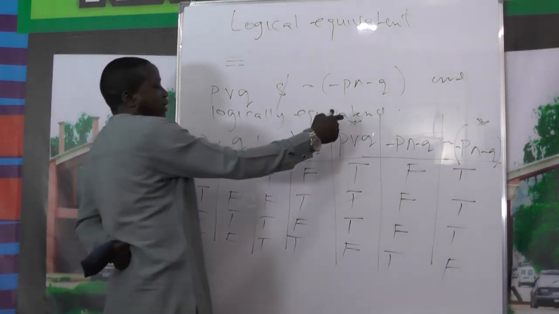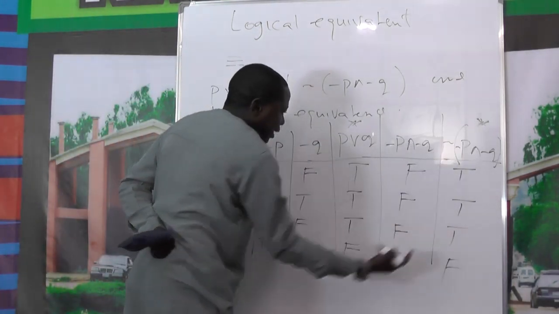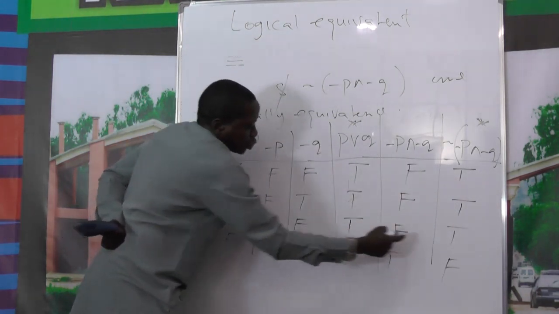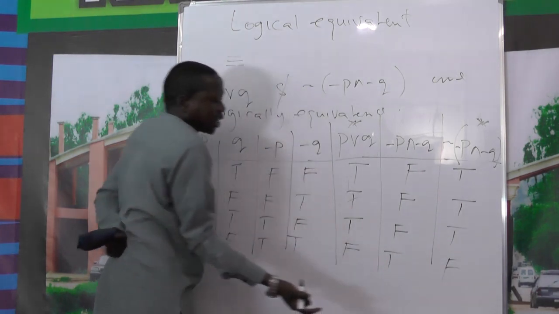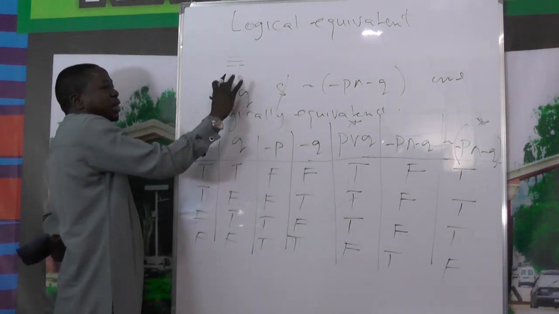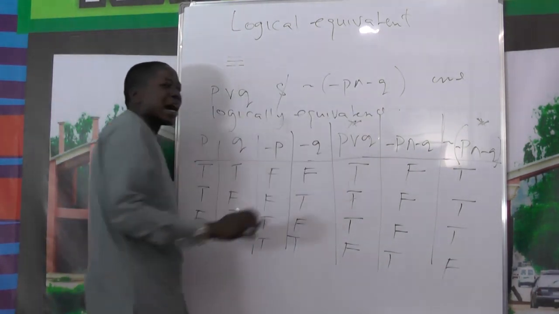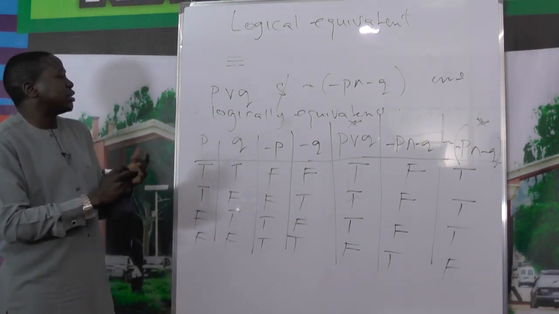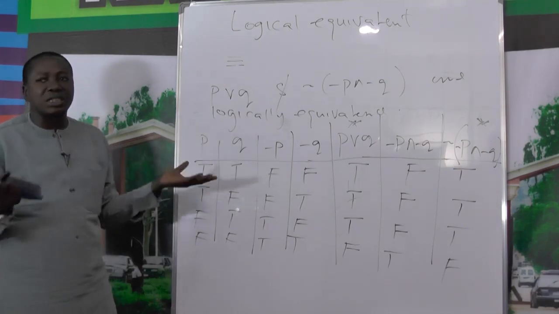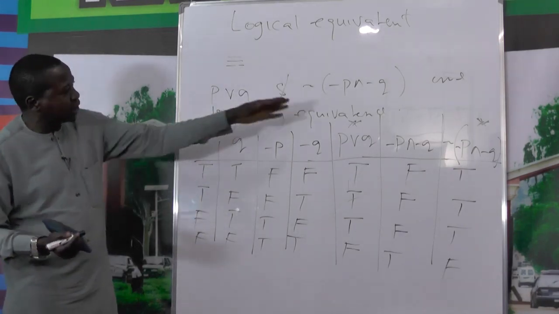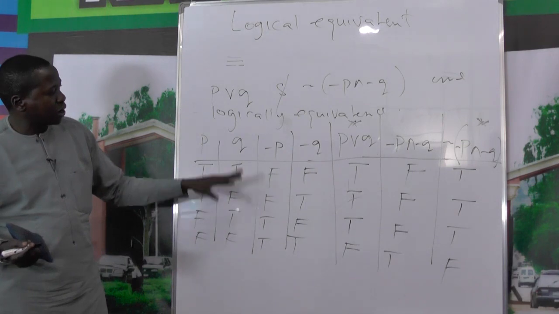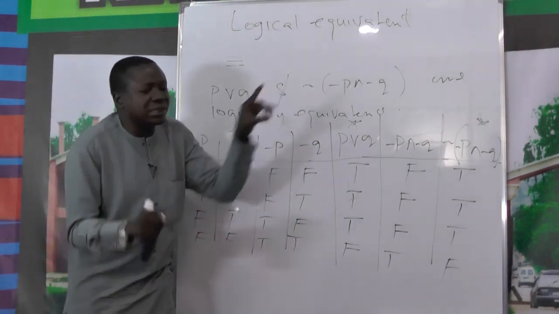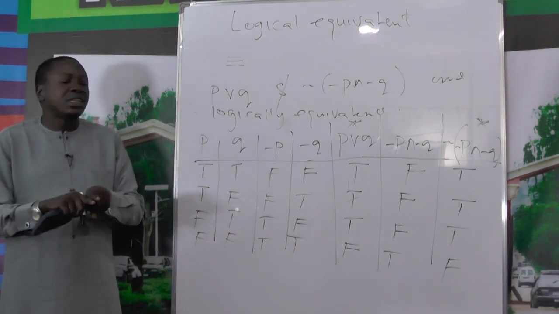Now check where I start. This one and this one. Are they the same? True, true, true, true, true, true, false, false. So they are the same. It means these statements and this statement are logically equivalent. By mere looking, they appear not the same. If you are looking at it, you say they are not the same. But if you use truth table, we get the same thing. So it means this statement and this statement are the same. They are logically equivalent.